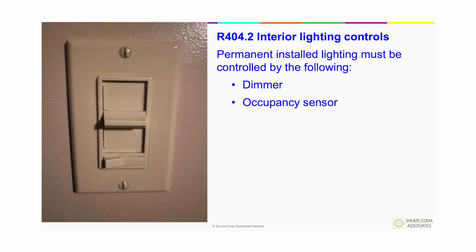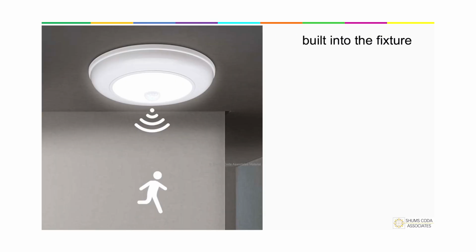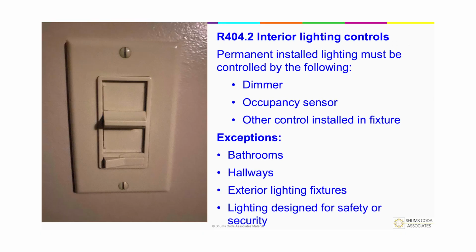An occupancy sensor has its own definition. I won't read it to you. You guys can all read it. Or other control installed in a fixture. So that could be a lot of things. It could be built into the fixture, right? We have these instead of a separate sensor. There's a light that has a vacancy sensor or an occupancy sensor built into it, right? So, yeah, we'll talk about that in just a moment.